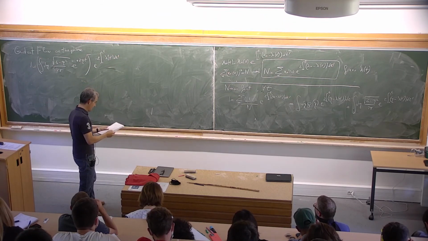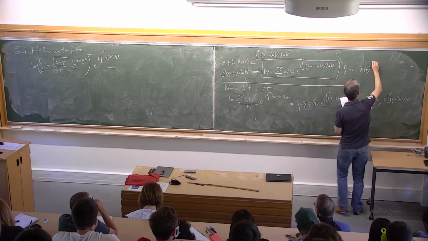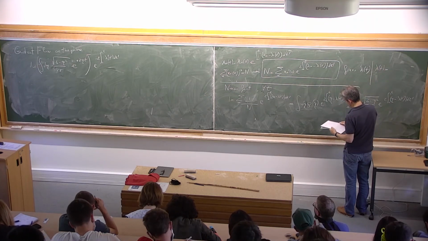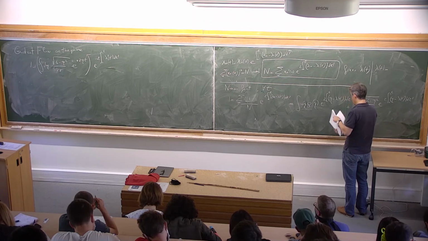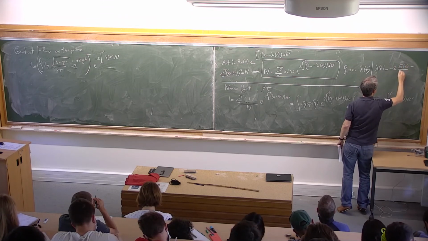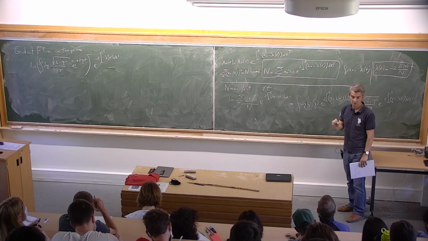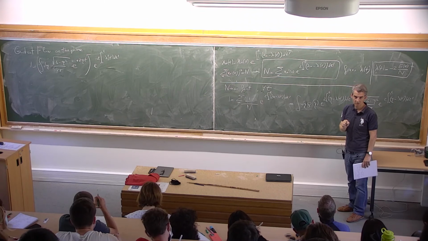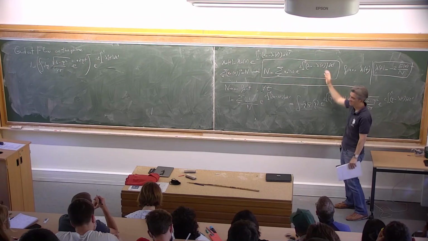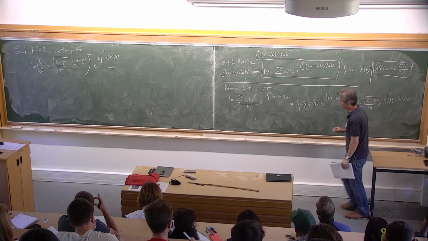And there is something else that I didn't tell you which is important, which I will put here: you can show that lambda t has a very nice interpretation, which is that it's equal to minus twice the energy at time t divided by n. I will not do it now, it's easy to show, you just take the equation of motion. I can do it later if there is time. So this lambda of t is not just a parameter, it actually has a very important physical meaning. It's minus twice the energy.